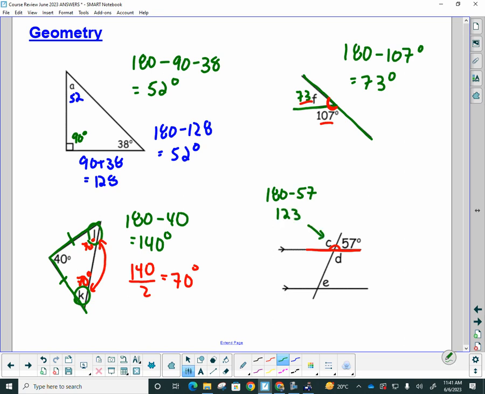So this is 123. Now, you might also see not just that linear pair, but you might see this linear pair. Either way, you would still subtract and get that this angle is also 123.